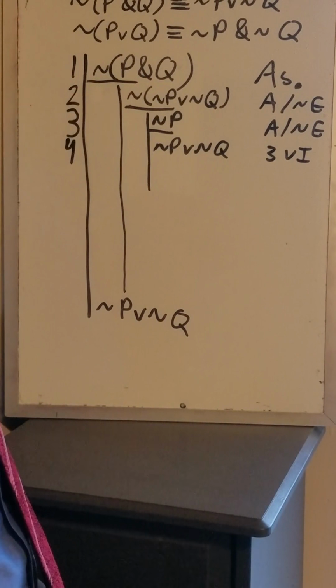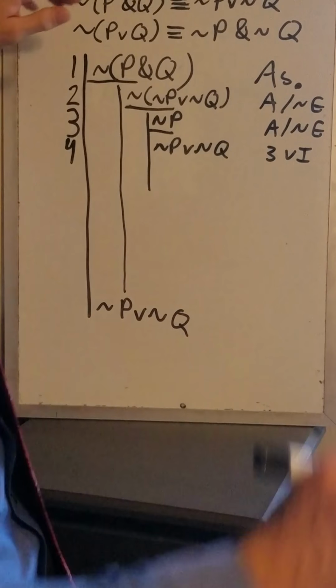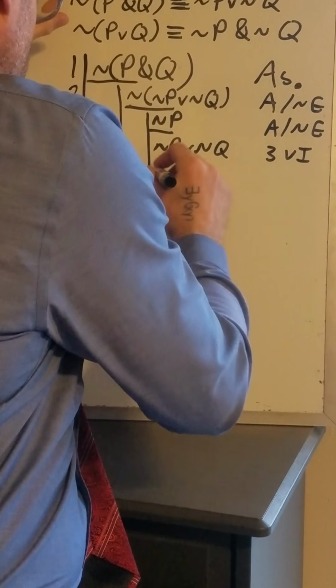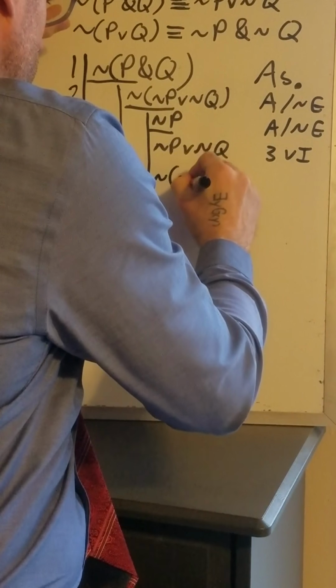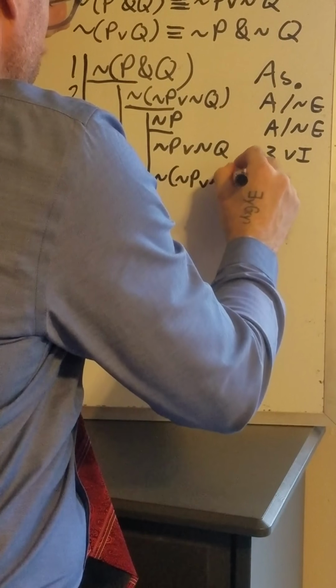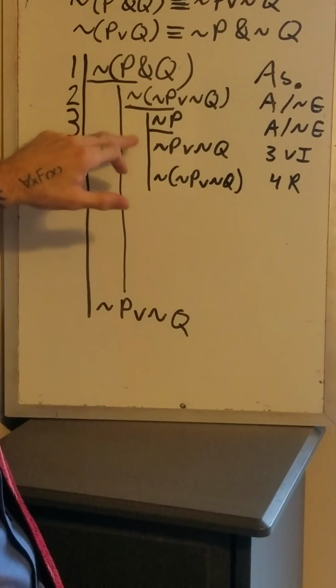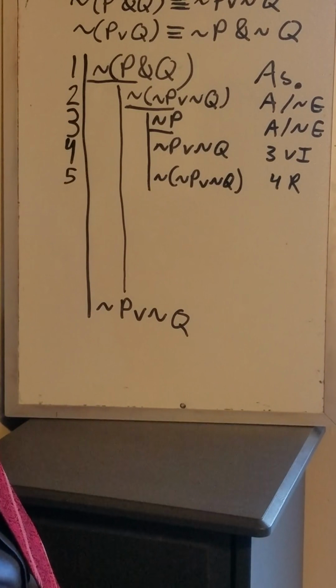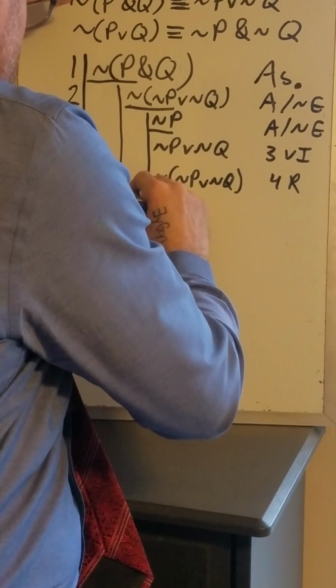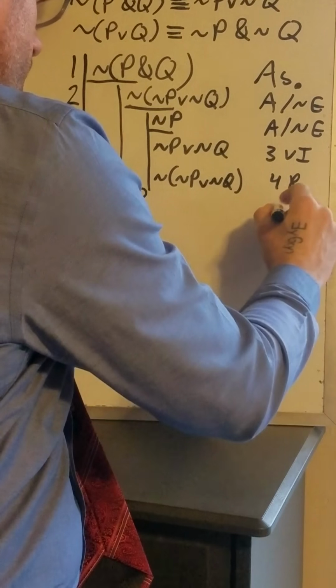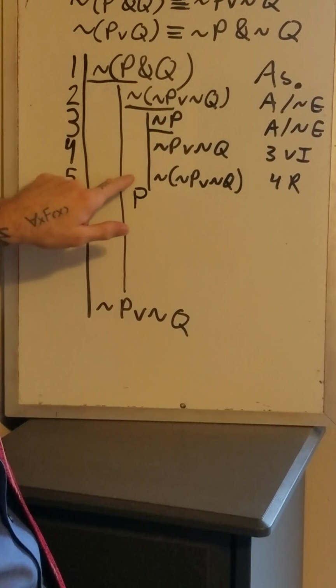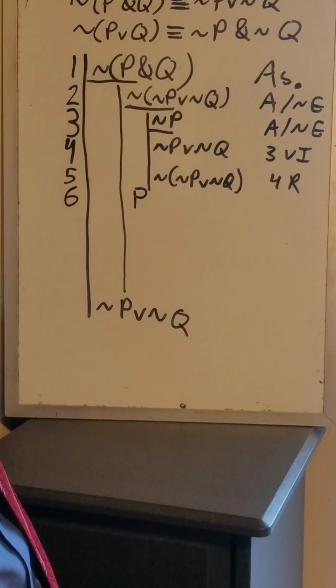So now we just have to reiterate line 2 down into this subderivation. And we can conclude that P now, by negation elimination on lines 3 through 5.